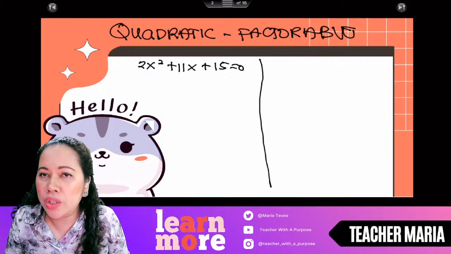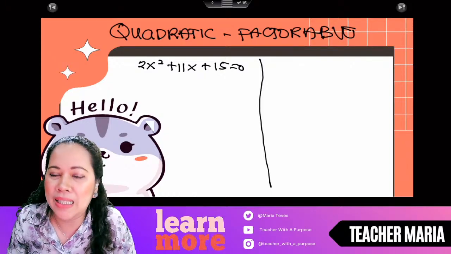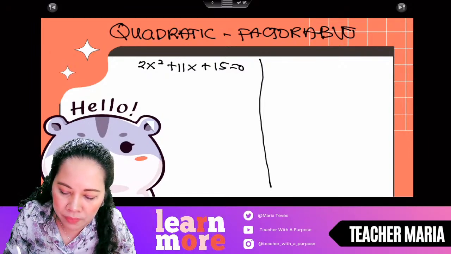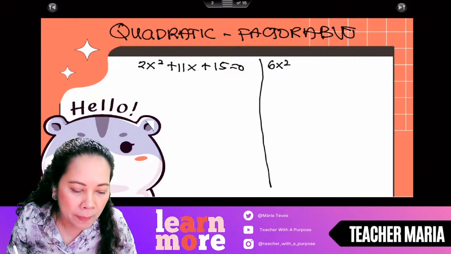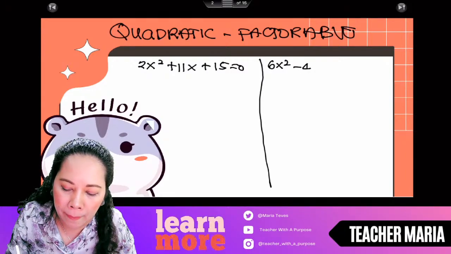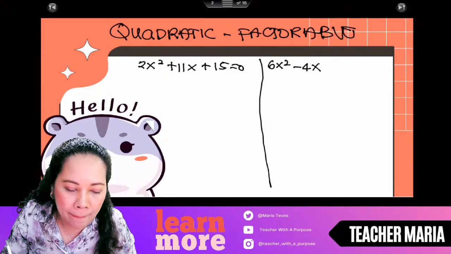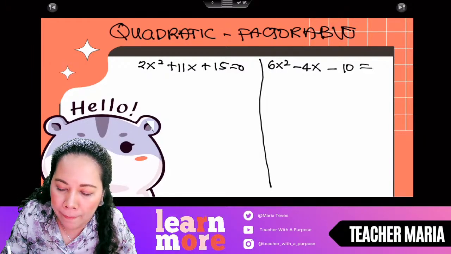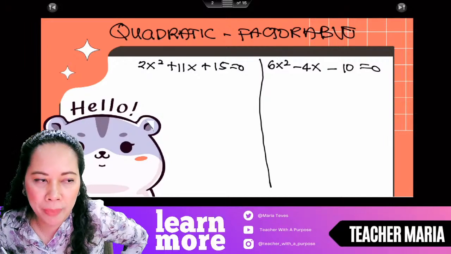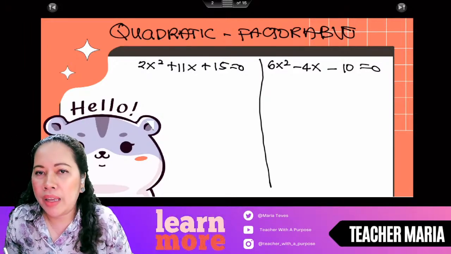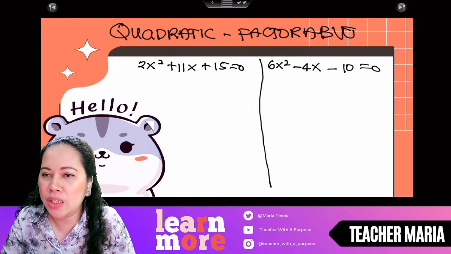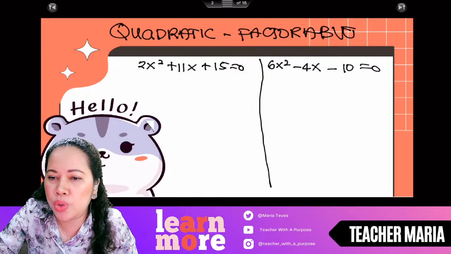What will you do if x squared is not a 1? What can you do to solve it?